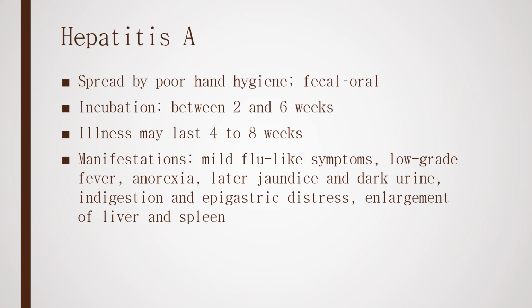These symptoms tend to clear as soon as the jaundice reaches its peak, usually within 10 days after its initial appearance. Symptoms may be mild in children. In adults, they may be more severe, and of course the course of the disease may be prolonged in adults.